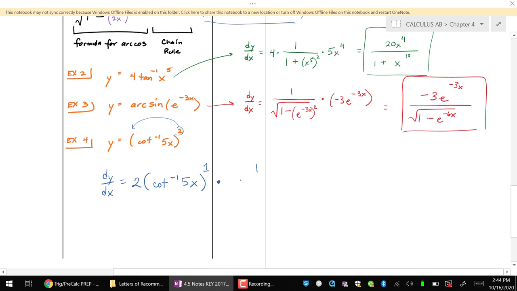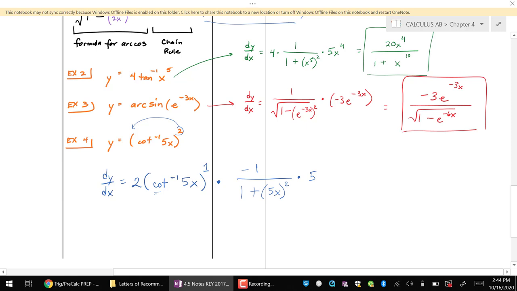So 1 over 1 plus argument squared. That would be arctangent. I want arccotangent, and the co-functions have negatives on them. So a negative 1 over 1 plus quantity 5x squared. And then times the derivative of 5x, which is 5.